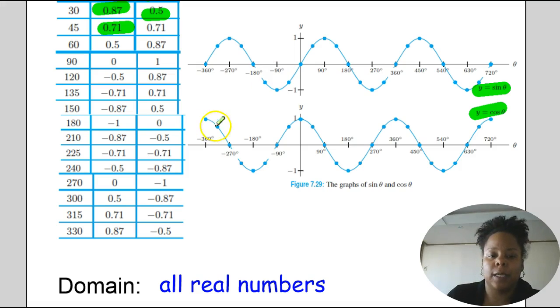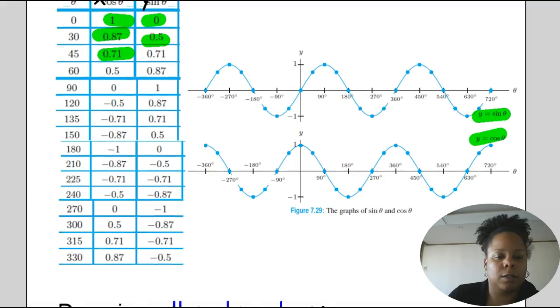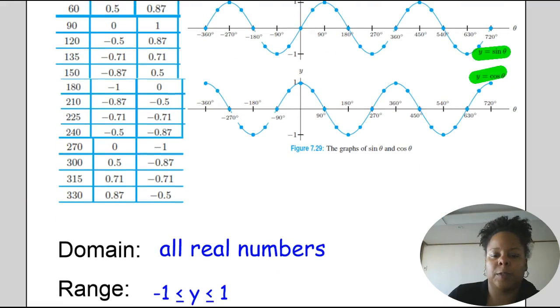So what do we notice about these functions? Well, first of all, the domain is all real numbers. We also note that the range is the numbers from -1 to 1. And it has something to do with the amplitude and the fact that the midline of these functions is at the x-axis.